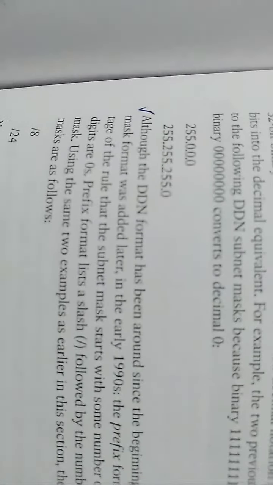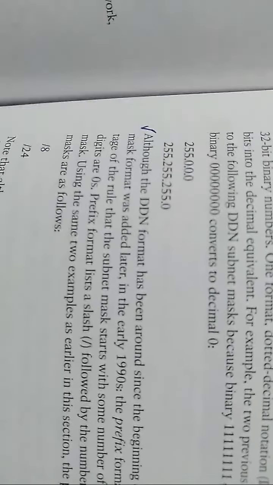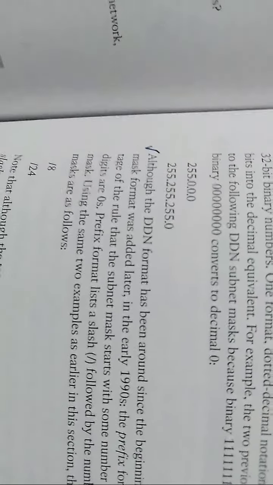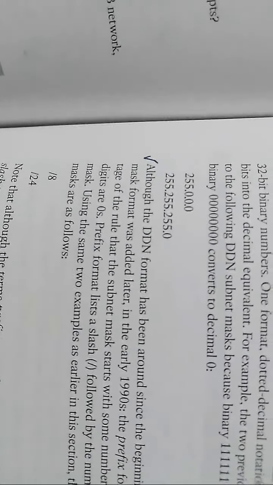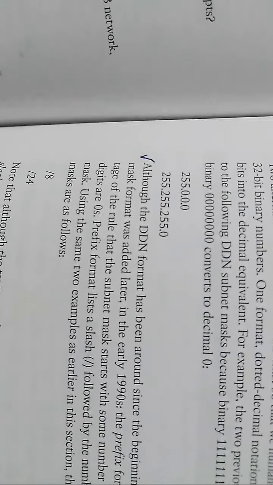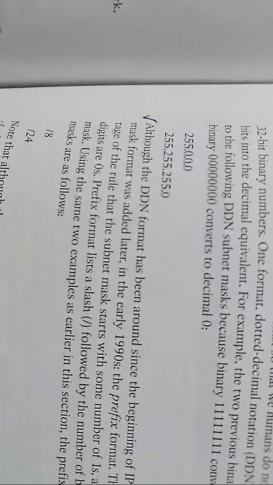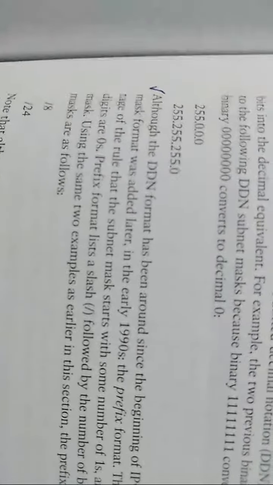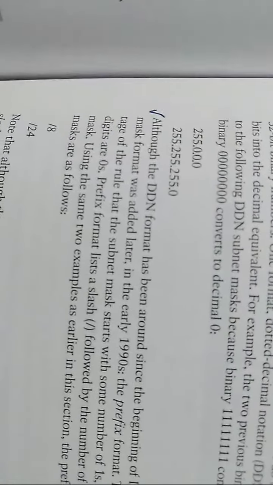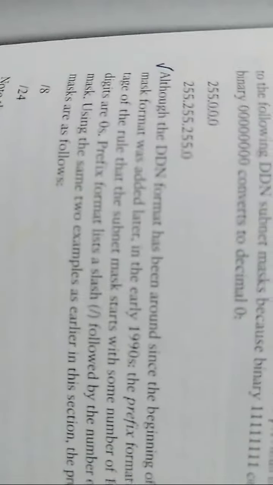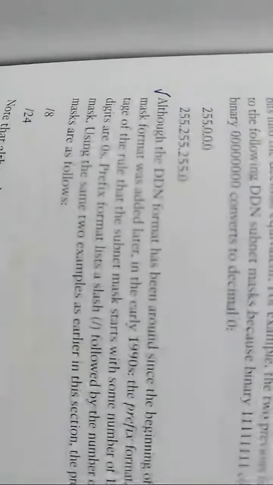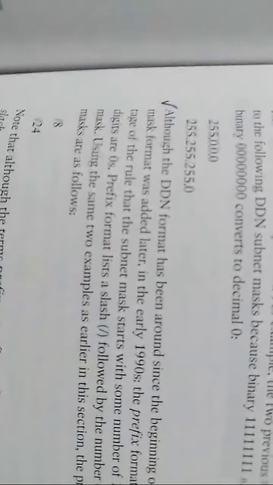Although the DDN format has been around since the beginning of IPv4 addressing, the third mask format was added later in the early 1990s, the prefix format. This format takes advantage of the rule that the subnet mask starts with some number of ones, and then the rest of the digits are zeros.